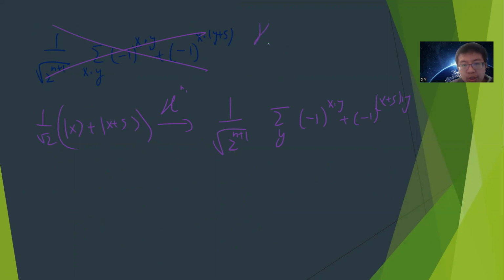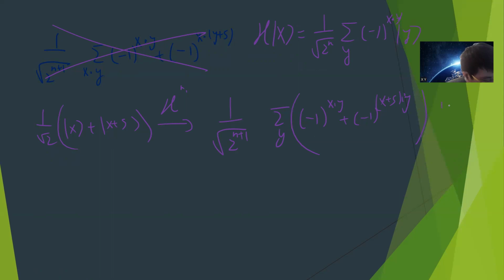Let me just recall that the Hadamard acting on x, if you add it in the n of lambda, is basically minus 1 to the x y. If you're very mathematical, you can say it's the character, the group representation of Z2 to the n. It's fine.